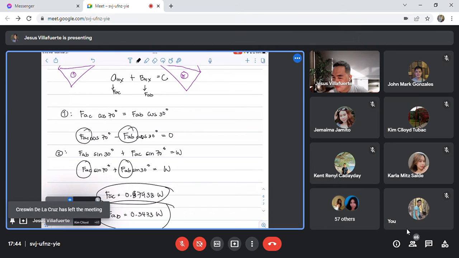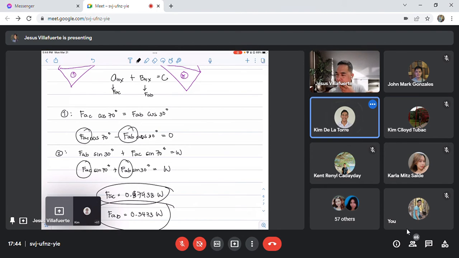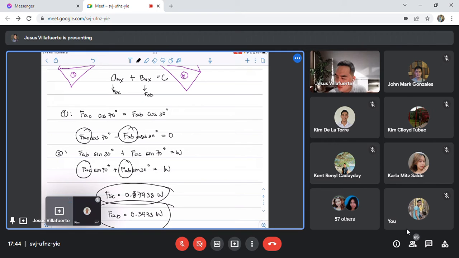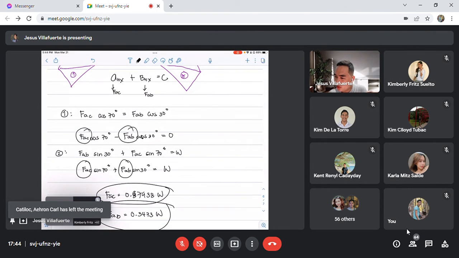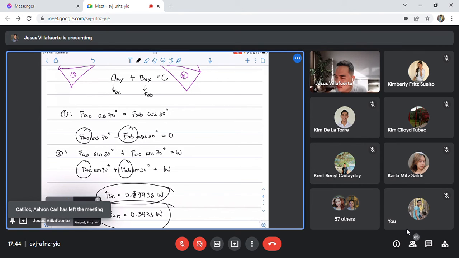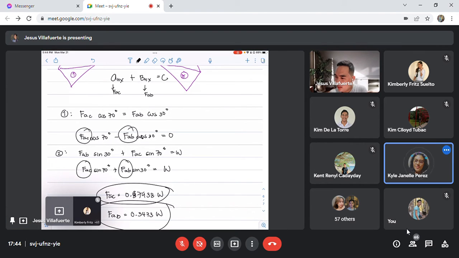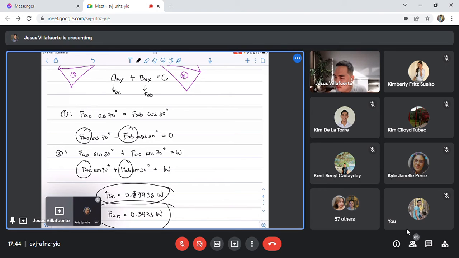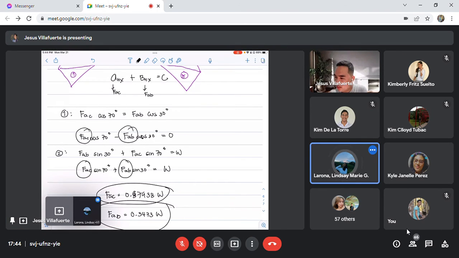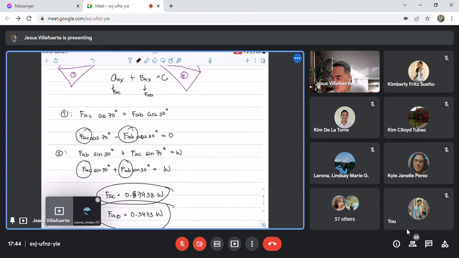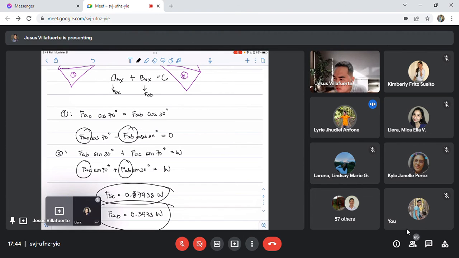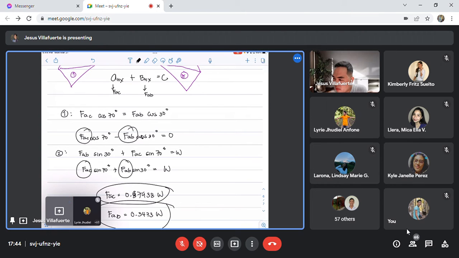Kim De La Torre, present, sir. Kimberly Fritz Suelto, present, sir. Kyle Janil Perez, present, sir. Larona Lindsay Marie, present, sir. Micaela Liera, present, sir. Anthony, present, sir. Maongko Gwen Trixie, present, sir. Buena John Charles, present, sir.